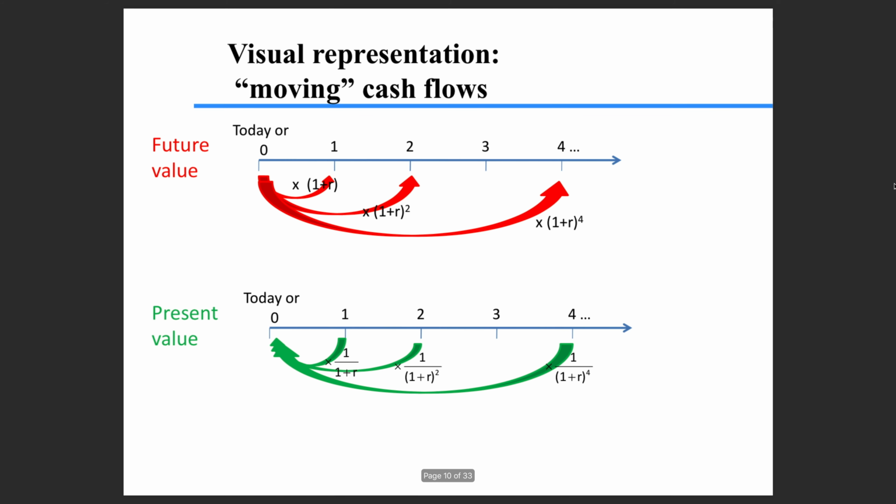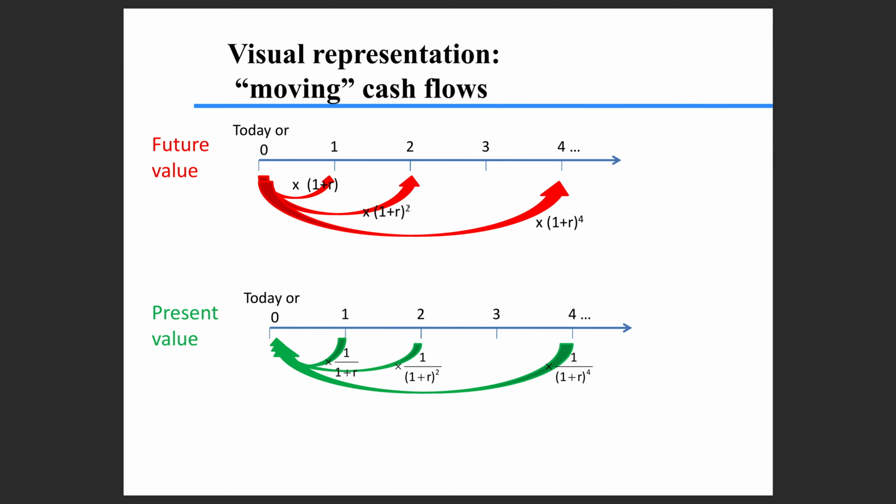We can create a visual representation of the time value of money. In fact, what we are doing is moving the cash flows along the timeline. To move cash flows from the present to the future, we need to multiply by 1 plus r, raised to the appropriate number of periods.